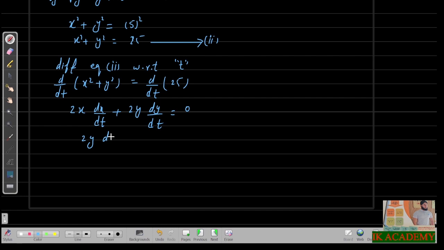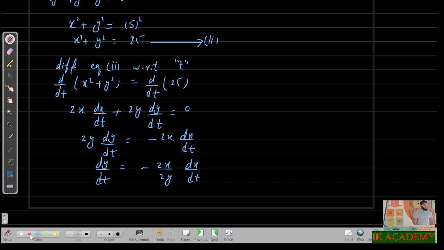So 2y dy by dt is equal to minus 2x dx by dt. Now we can take 2y to the right side and it will be the denominator of minus 2x. So dy by dt is equal to minus 2x by 2y dx by dt.